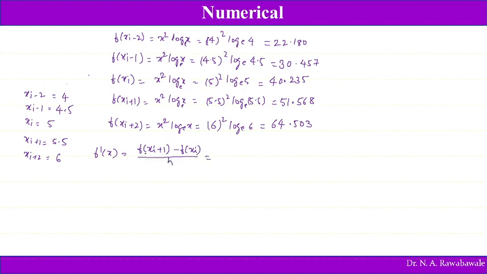F of xi plus 1 is 51.568 minus f of xi is 40.235, divided by 0.5.